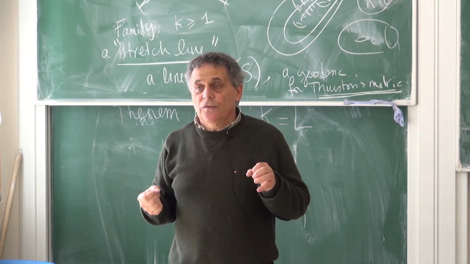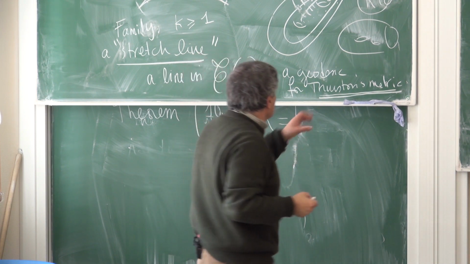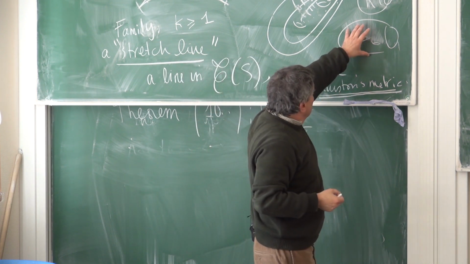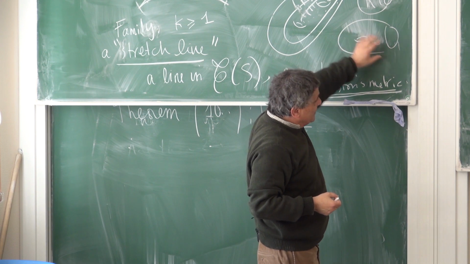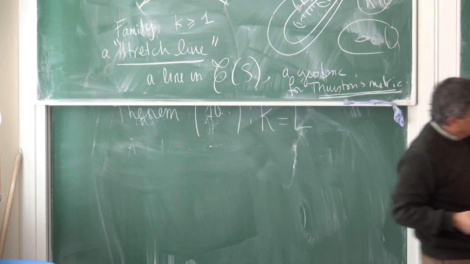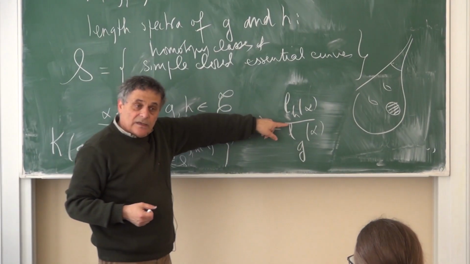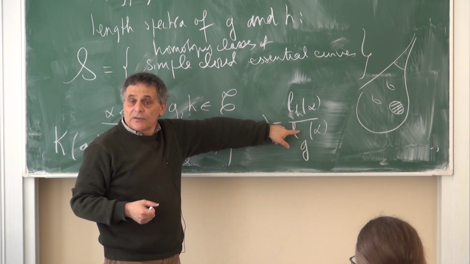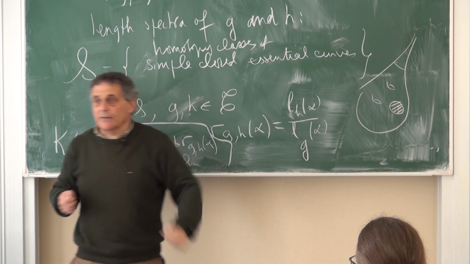That is, if you have a surface with boundary, you can equip it with two hyperbolic structures G and H such that this supremum here is strictly less than 1. So the logarithm becomes negative.